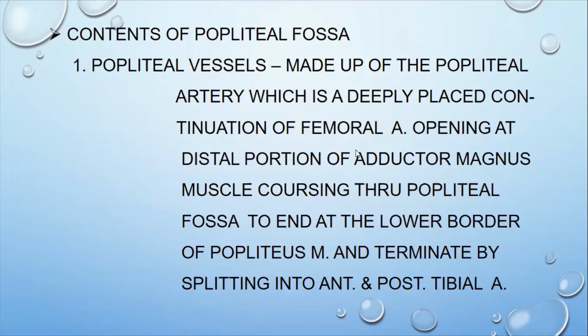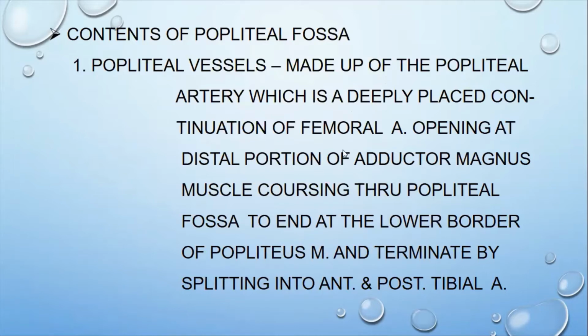The femoral artery will become a popliteal artery at the opening at the distal portion of the adductor magnus muscle. It will be coursing on the popliteal fossa to end at the lower border of the popliteus muscle.